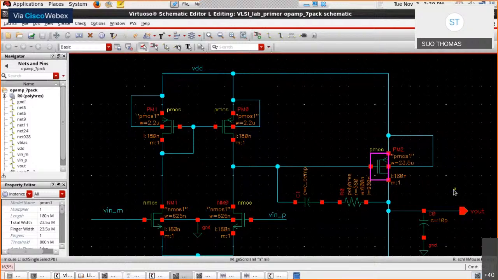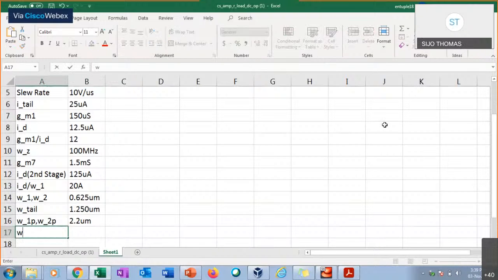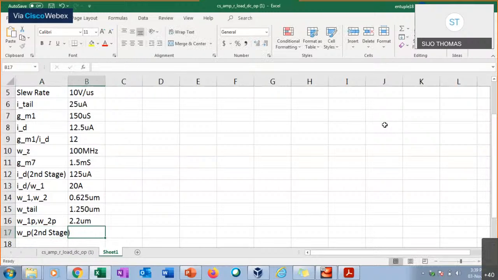So you can calculate the W from that value, that turns out to be 23.5 micrometer. Yeah, 23.5 is the exact value we are getting. We'll approximate it to 24, 25 micron.